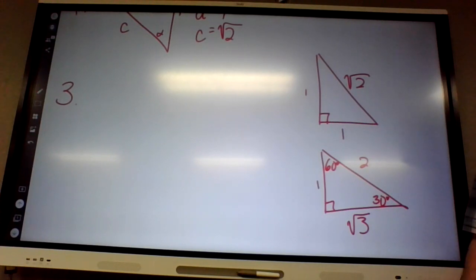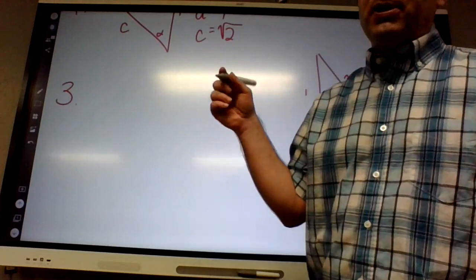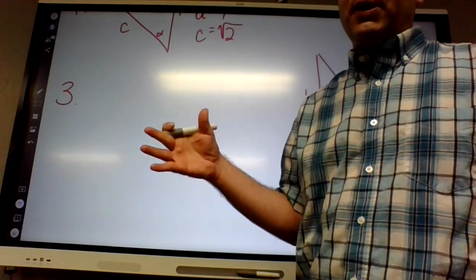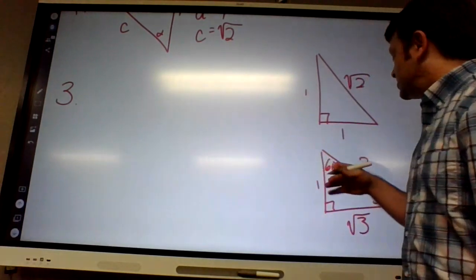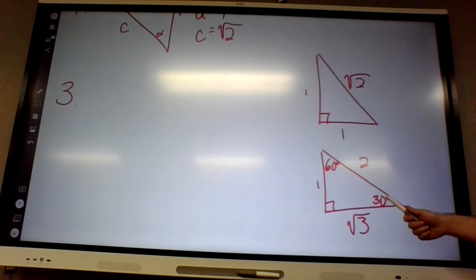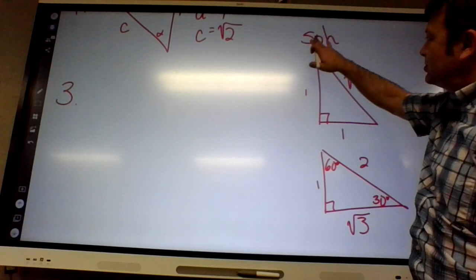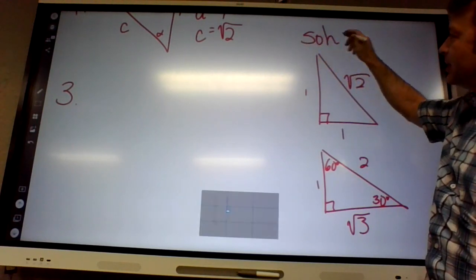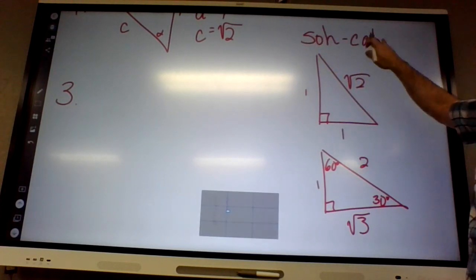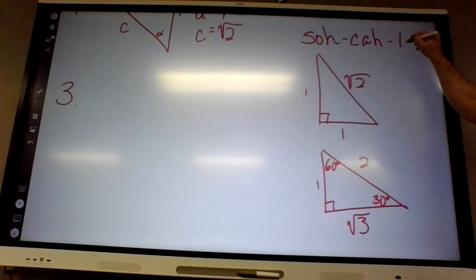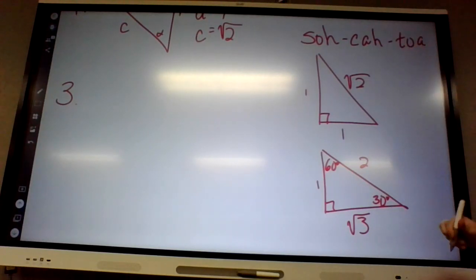Okay, on number 3, it says, what's the sine of theta if theta is 30 degrees? So, remember sine, what was the magic word? Sine is opposite over hypotenuse, cosine is adjacent over hypotenuse, and tangent is opposite over adjacent.